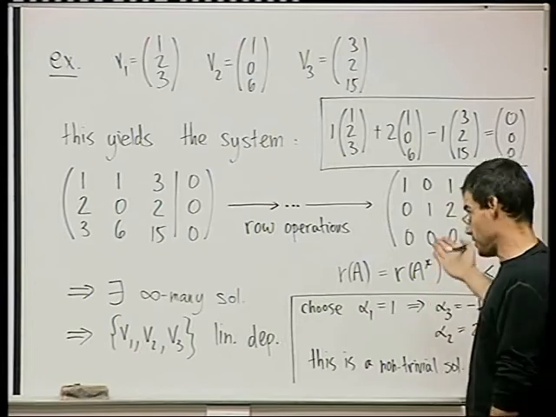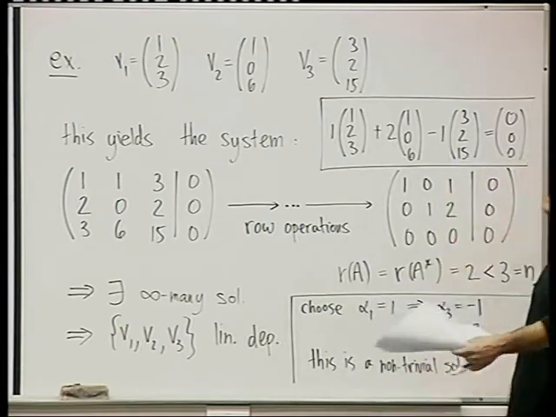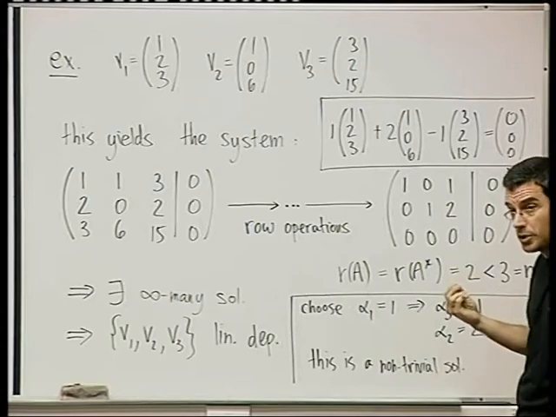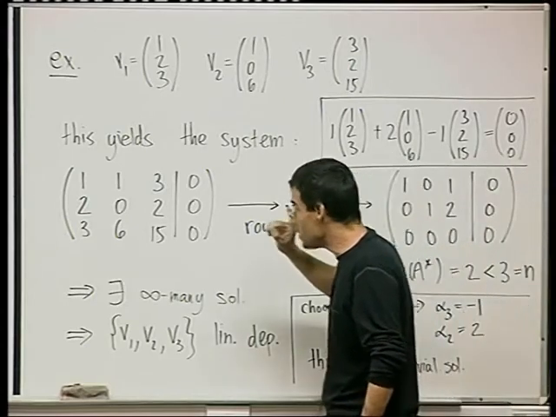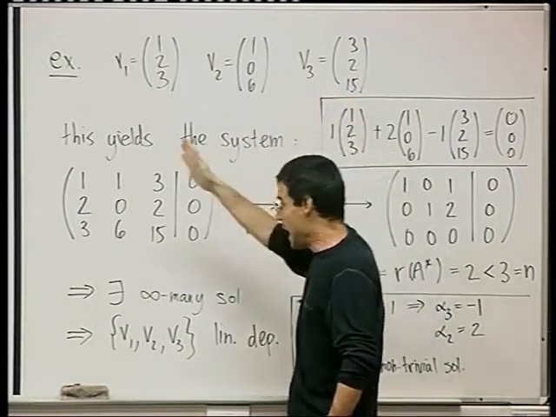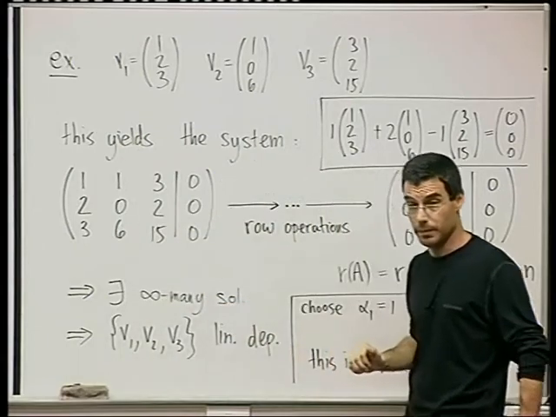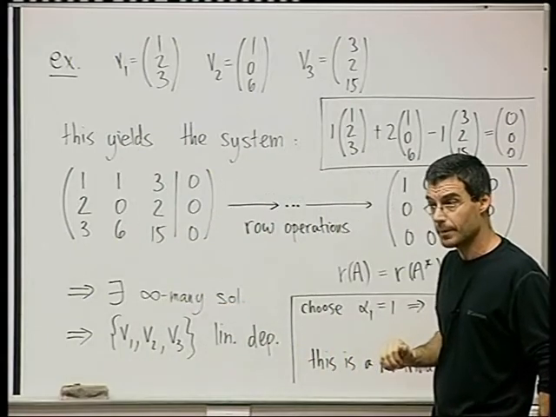Translate to a system of equations. Translate wisely. You don't just write it out as a system of equations. You have to think about what you're doing. And notice that in this situation, the vectors, which were column vectors, actually turned out to be the columns of the coefficient matrix of the system. Does everybody see that?